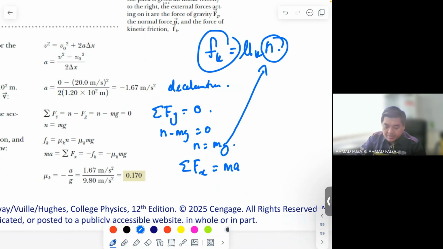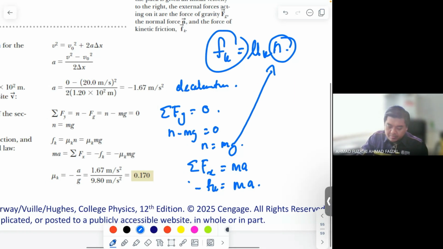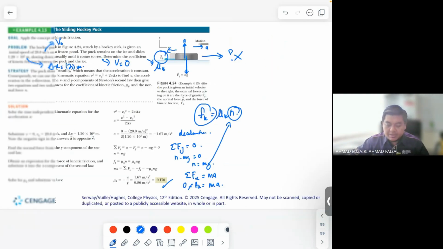Therefore it becomes negative Fk equals ma. Because 0 minus Fk equals ma, negative Fk equals ma. Because the acceleration is negative, we can cancel the negatives in order to find mu k, which is equivalent to 0.17. You can try it out.